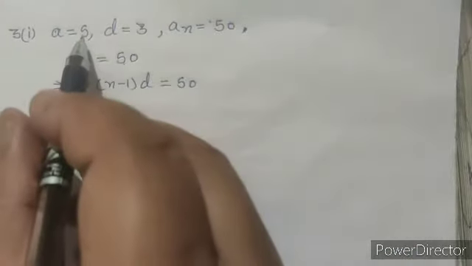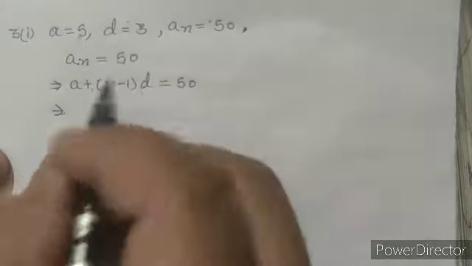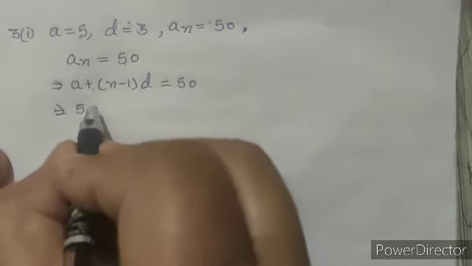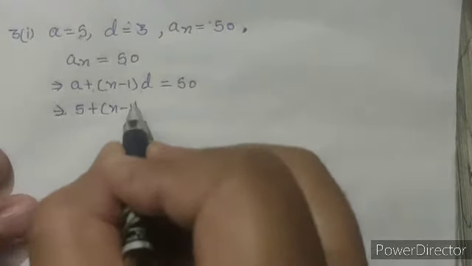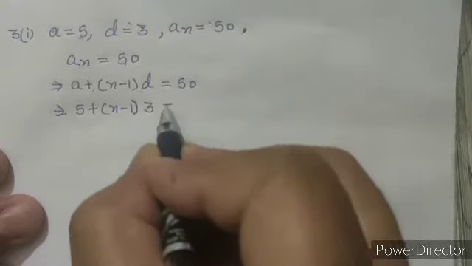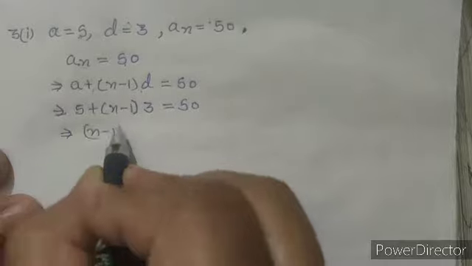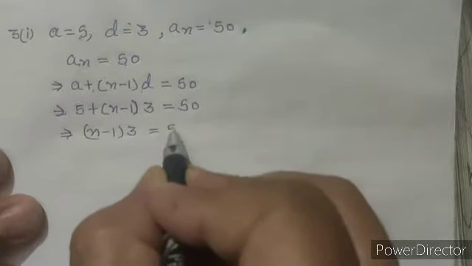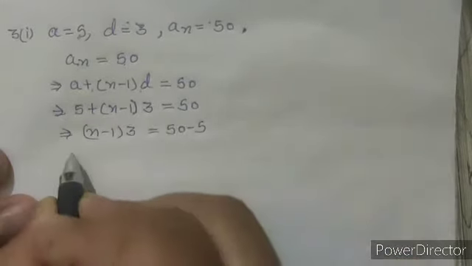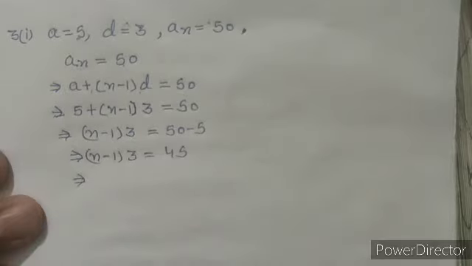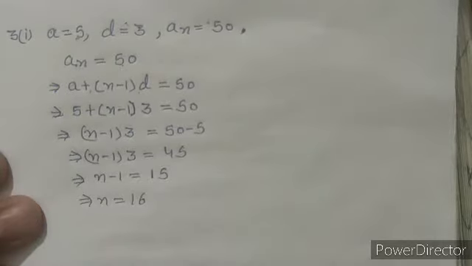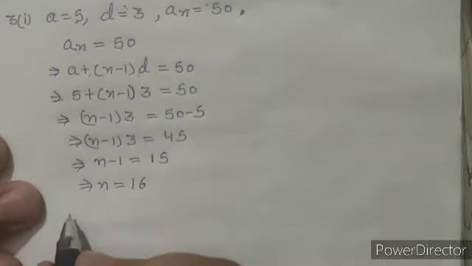Now here the value of a is 5 and d is 3. So 5 plus (n minus 1) times 3 equals 50, and from this we can get the value of n, and the value of n will be equal to 16.